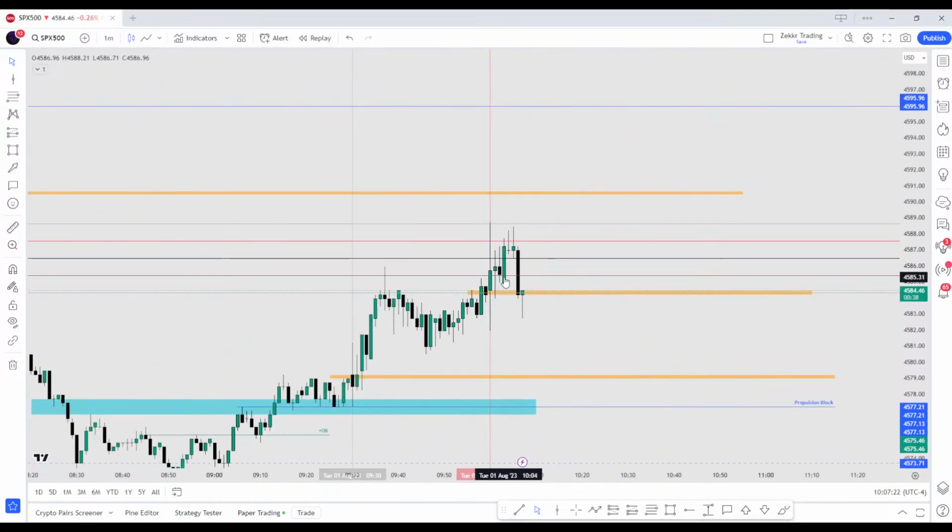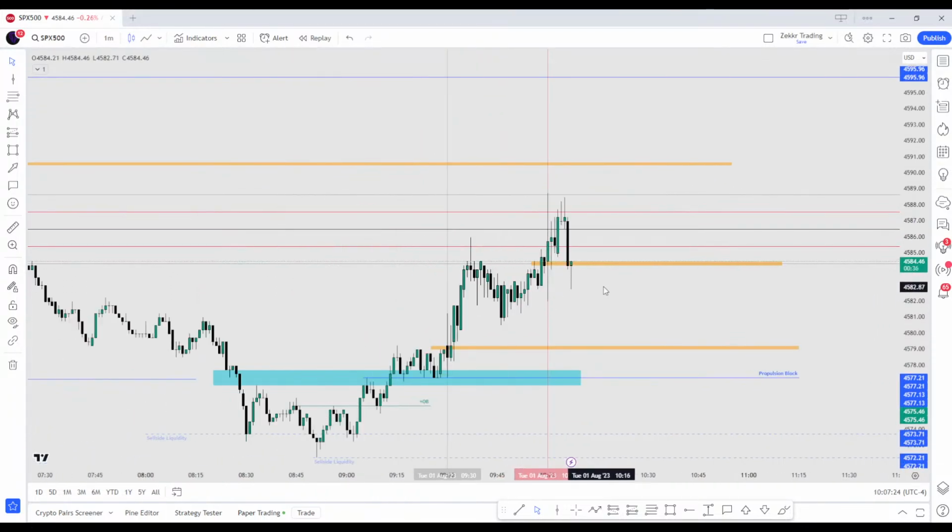There's no real entries for the evolving silver bullet. There was, but before the silver bullet, before 10 a.m., so it wasn't exactly a silver bullet. Made 1% on that last trade. Thanks for pointing it out.